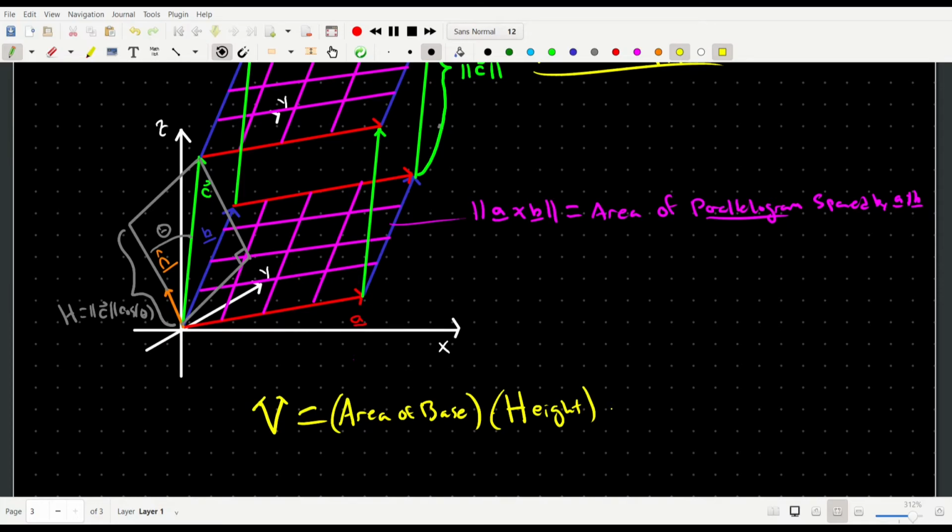But this is incredible, because this means that the volume of this parallelepiped is this area of the base, which is the magnitude of A cross B, times the height, which is the length of C times cosine of theta.